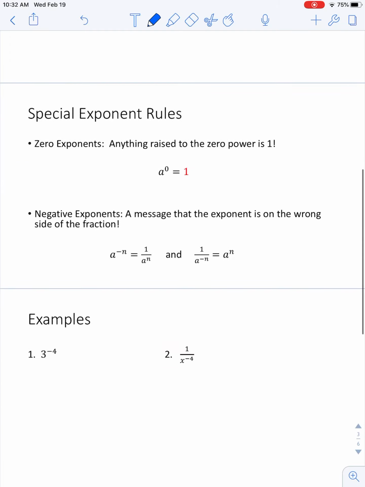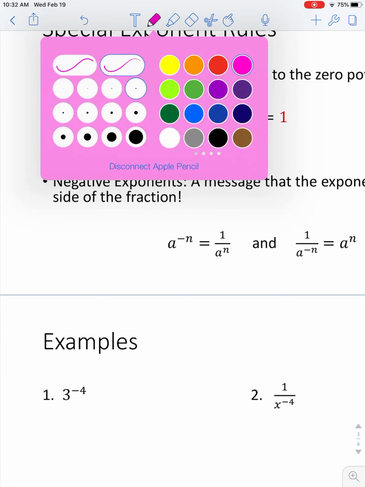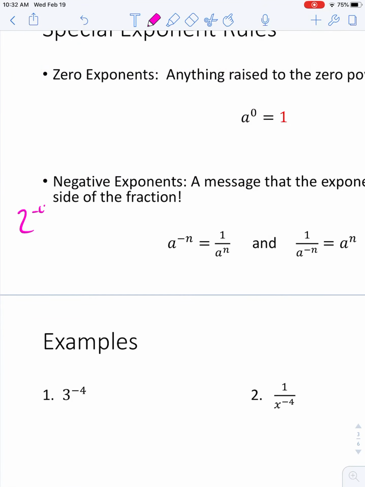Now, negative exponents have a very special rule to them. If you saw something like 2 to the negative 4th, it would really turn into 1 over 2 to the 4th. Okay? And the way negative exponents work is it works as like a message that says, I'm on the wrong side of the fraction. So it's actually easier to understand this if I have a full fraction.